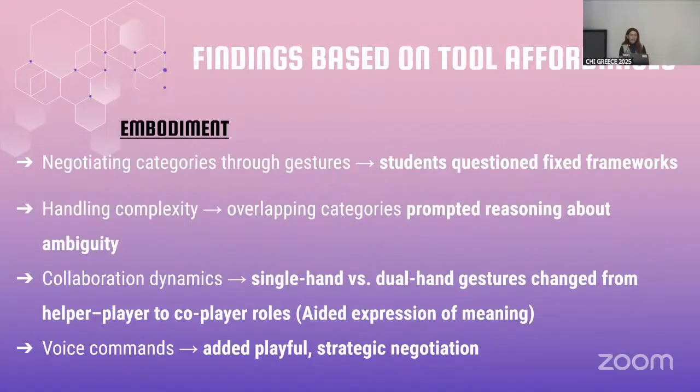Regarding embodiment, we saw that with embodied and voice interaction, the students moved from just playing to questioning the classifications themselves. And the dual hand interaction strongly supported collaboration and equal participation, which of course aided expression of meanings, while voice commands layered in a sense of real-time strategy and negotiation between the two players.